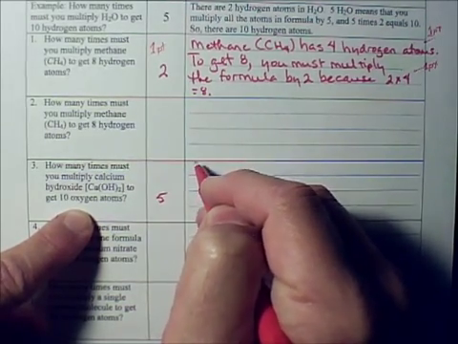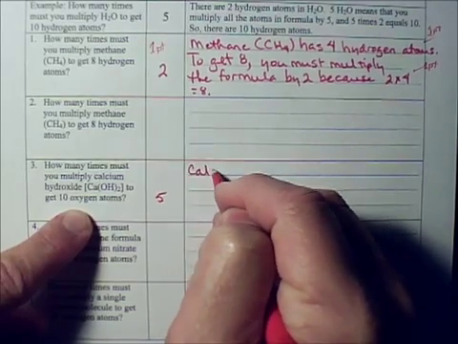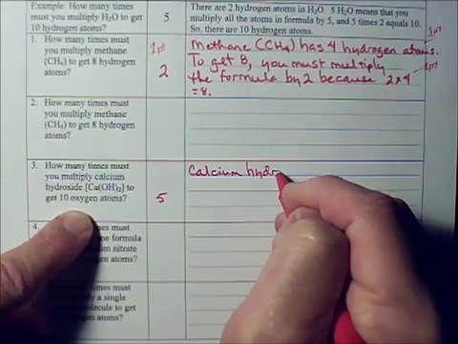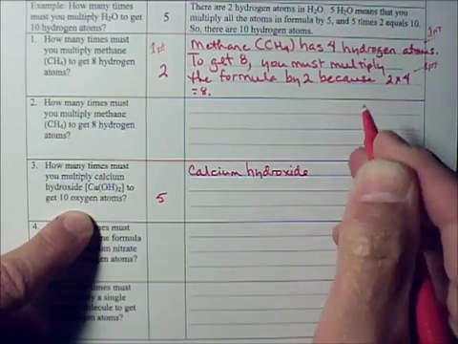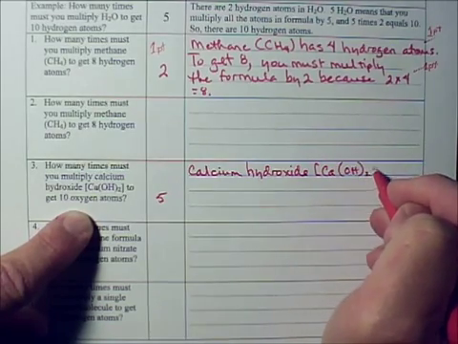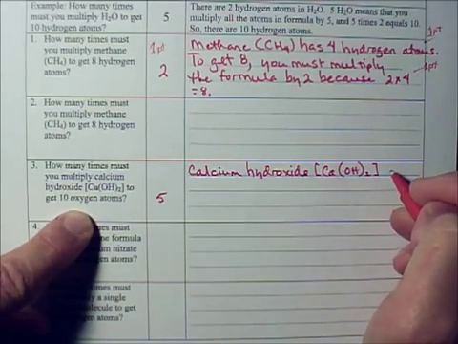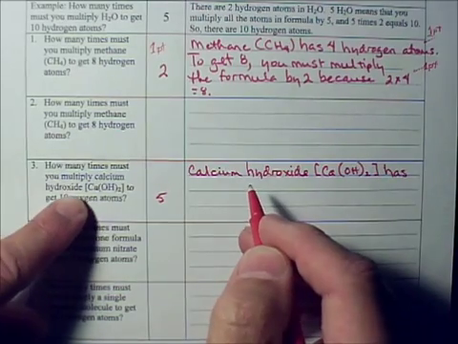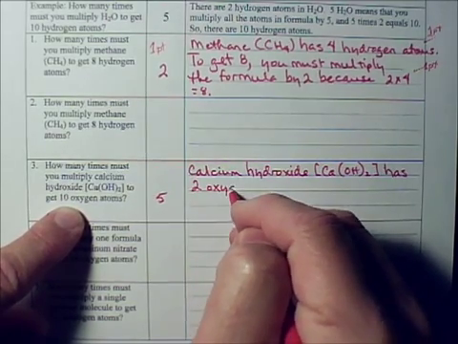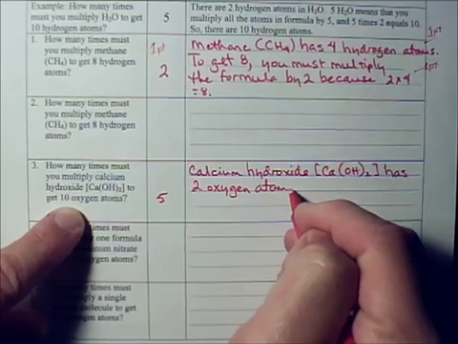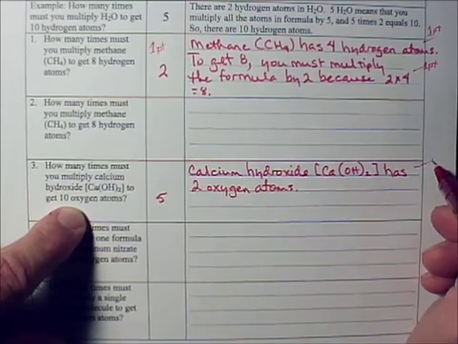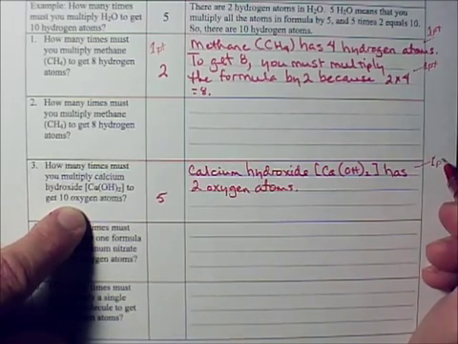So, to explain that then, to justify it, calcium hydroxide has 2 oxygen atoms. That's the beginning place. And that's worth a point, remember. Okay?